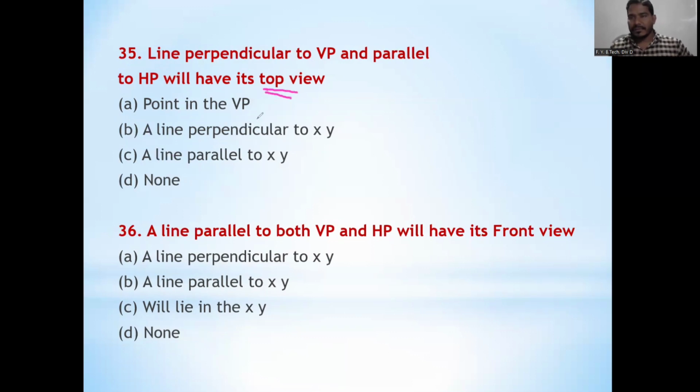Definitely we have seen that the top view will be perpendicular to the xy. So a line perpendicular to xy is the correct option. Then C is not correct, so option B is the correct one.